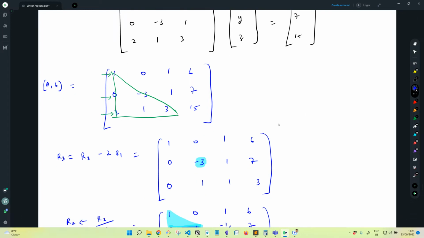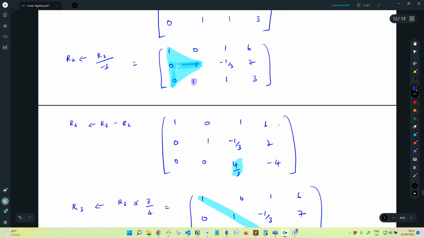2 1 3, x y, that is 6, 7, 15. Is somebody able to spot the mistake that we made?